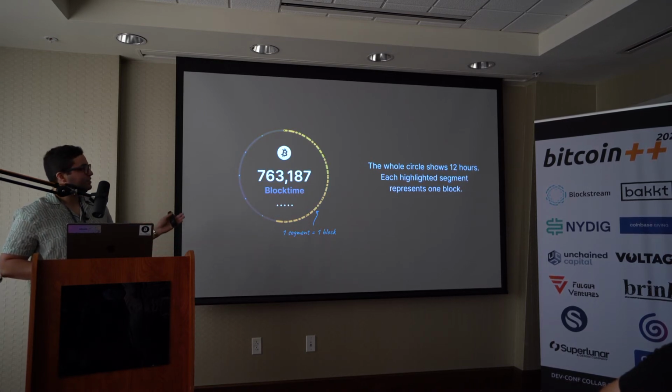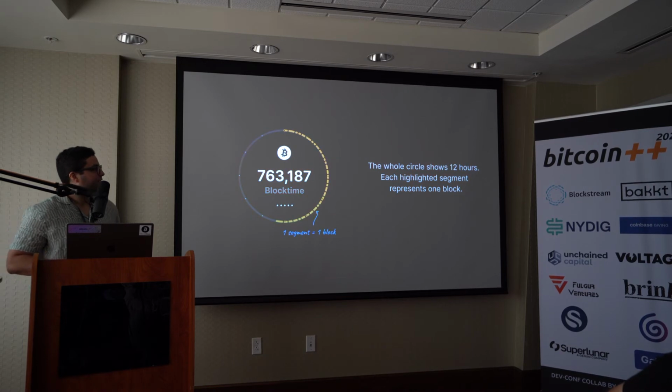There's 12 hours on its face, and it'll show you the blocks as they come in. The length of each block will be how long it stayed as the tip. So it's a small little thing that lets you know, did blocks come in fast? Were they slow? And so that sets certain expectations as to when the next one might come in. It lets you know the tip, the block time.